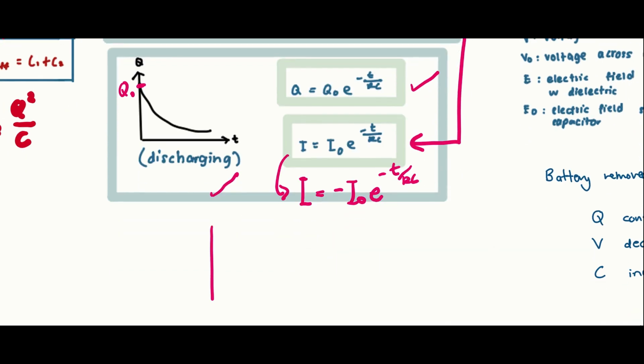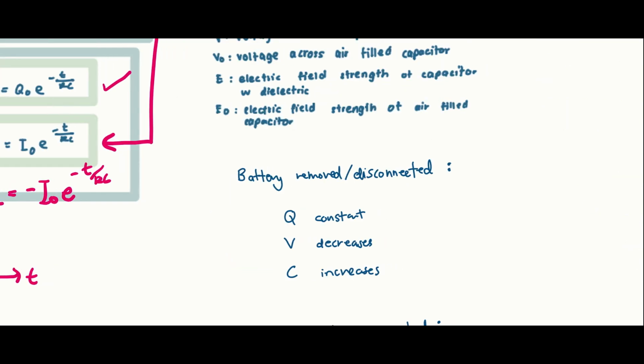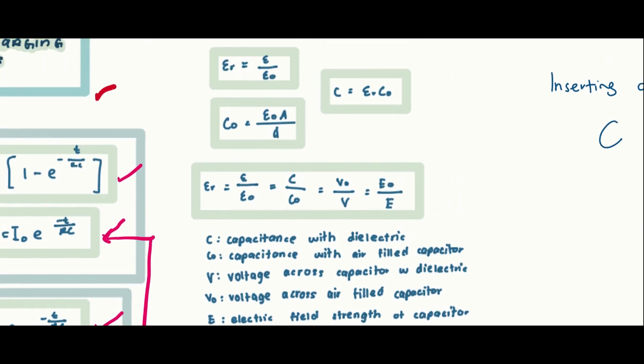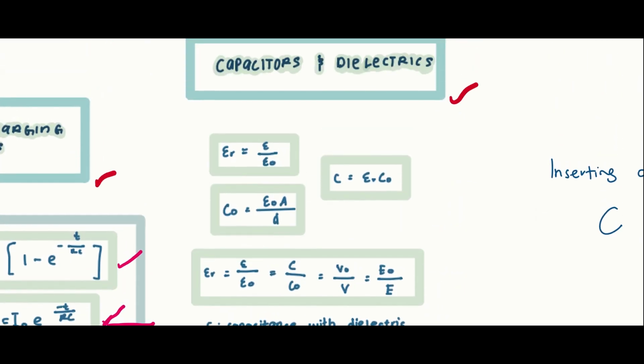For both charging and discharging, the current against time graph is exponentially decreasing.